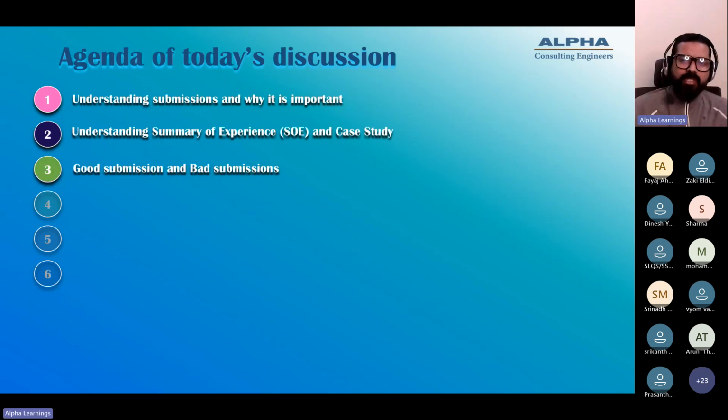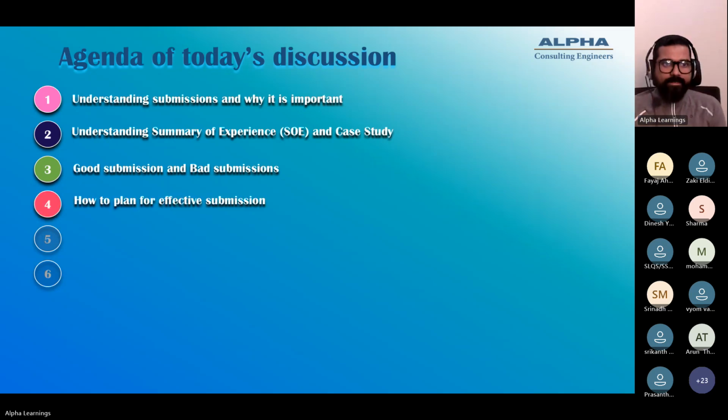Then we'll try to differentiate between what to do and what not to do in a submission. So we'll try to understand what a good submission should look like and what a bad submission is, which you must avoid. Then a little bit about planning for an effective submission, how you can plan your target dates, because for every region we have a fixed window for your submissions.